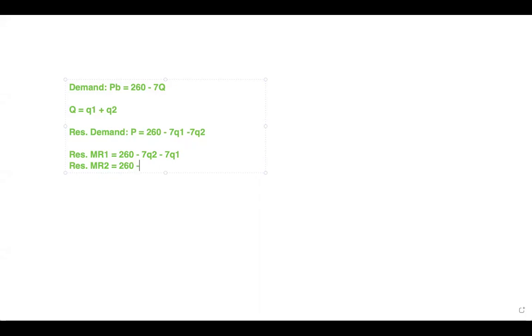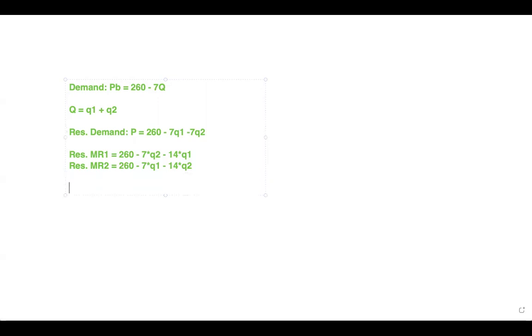I'm just going to order things a little bit different. I'm not quite finished yet, so just hold on. So for these second terms here, so for firm one, that's going to be a 14. I can put in a little asterisk in there to denote multiplication, to make sure there's no confusion.